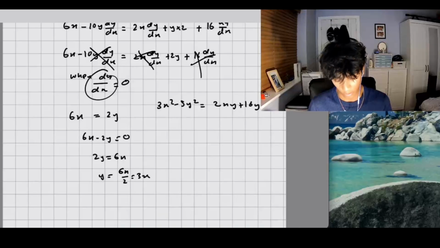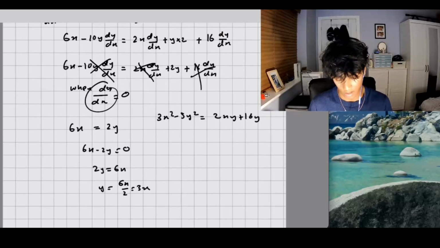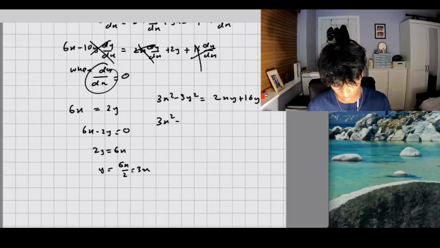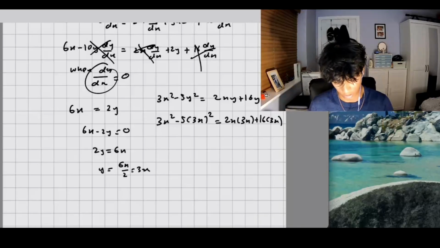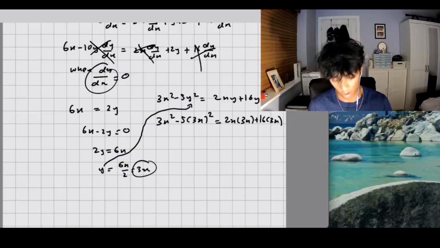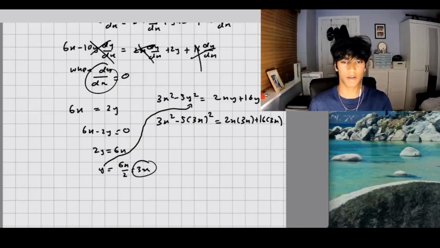So now that y equals 3x, you can say, okay, 3x squared minus 5 times 3x squared equals 2x times 3x plus 16 times 3x. So essentially you're just inputting all of the y values in this equation in terms of x that you found.